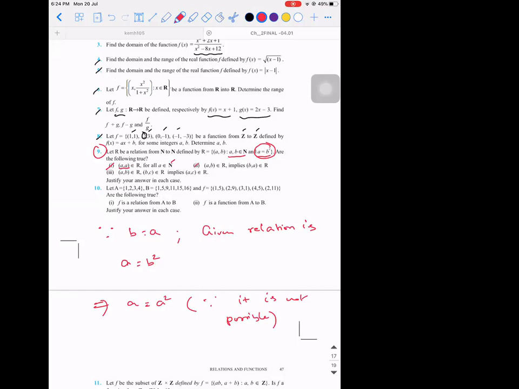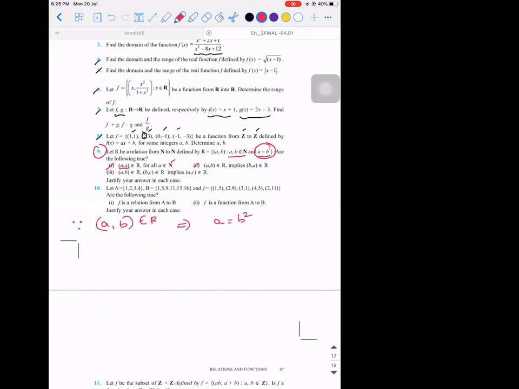Similarly, if (A, B) belongs to R, they've already told you, then A is equal to B square. That is understood, that is by default you can take it. Since (A, B) belongs to R, that implies A is equal to B square. Let this be equation number 1. If I take (B, A) belongs to R, that implies B is equal to A square, equation 2.